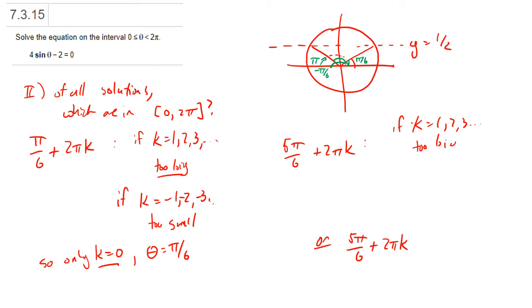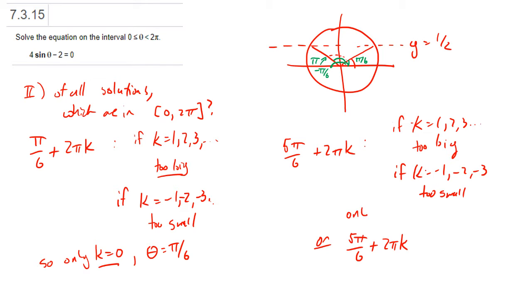It's going to be 2 pi, or 4 pi, or 6 pi, or whatever, plus more, and that's too large because we're capping our solutions at 2 pi. And if k is equal to -1, -2, -3, similarly, we have a -2 pi, or -4 pi, or -6 pi, and I'm only adding a little bit less than a single pi back, and that's still going to be negative.